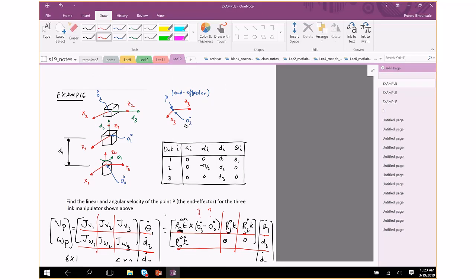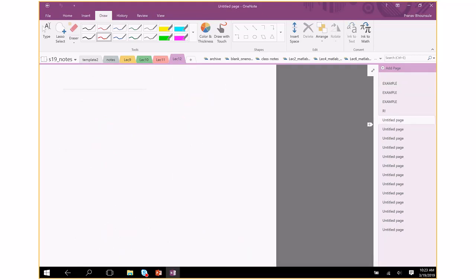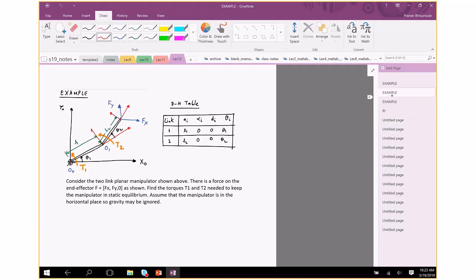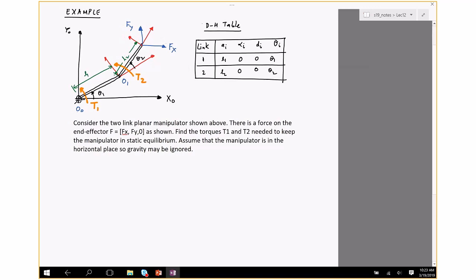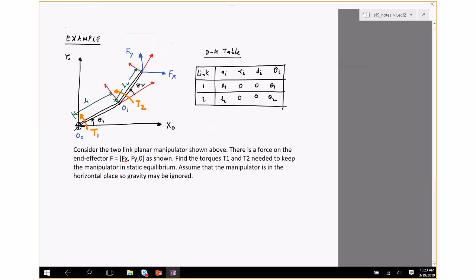There's another use, and this has to do with static forces. So let me motivate this with an example, and you might have seen this in a first course in statics. The problem is, given this two-link manipulator, and this manipulator is in the horizontal plane, so gravity has no role to play.